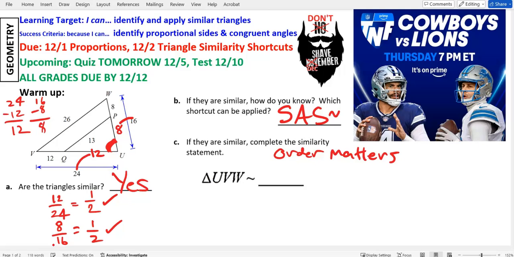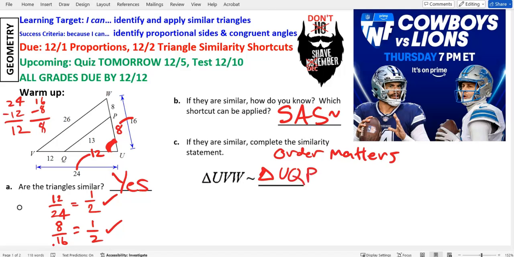So U to V to W on the big one is going to match what on the small one? U to V to W in a smaller way is U to Q to P. Triangle U, Q, P. Okay.